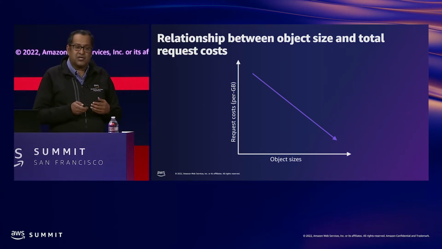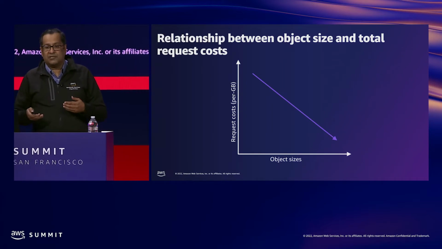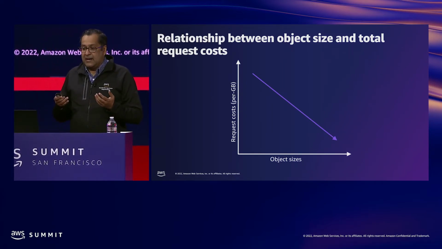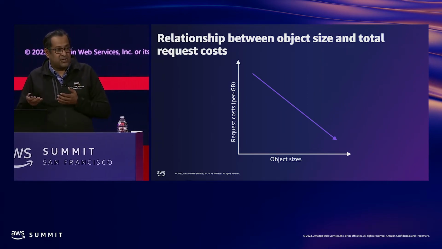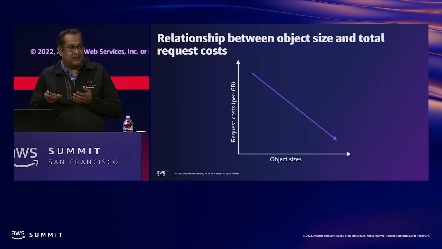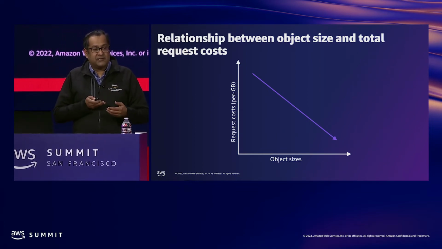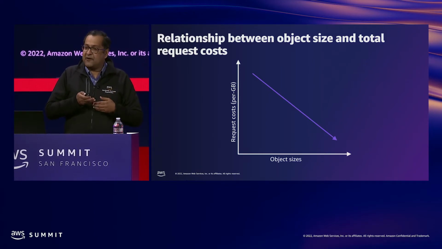And there's a relationship between the object size and the number of API calls you make. As the object size increases for a given amount of storage, or for every petabyte, with larger objects you would make fewer API calls, thereby spending less. If you have very, very small objects, if you have billions and billions of objects, you're going to pay more.